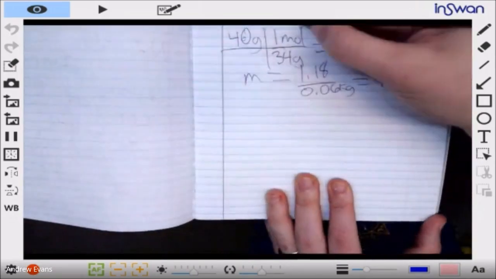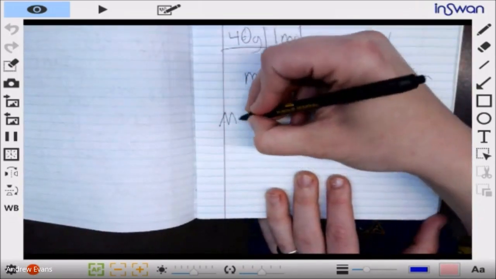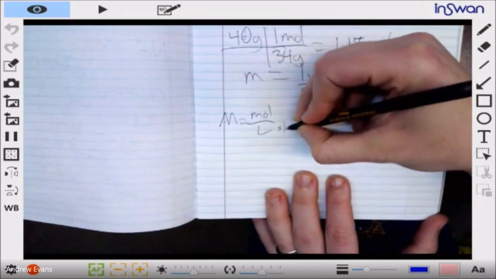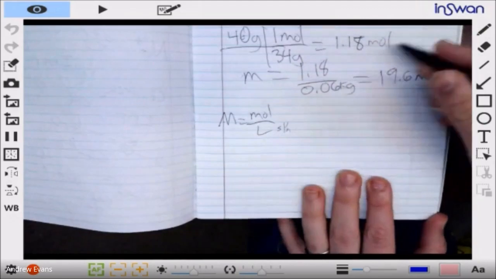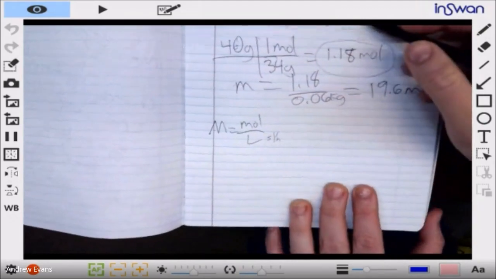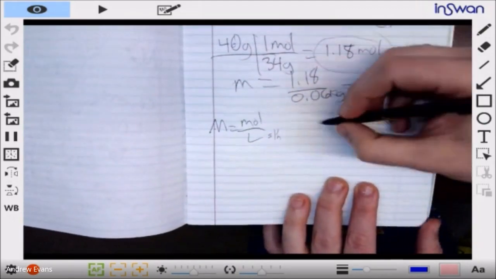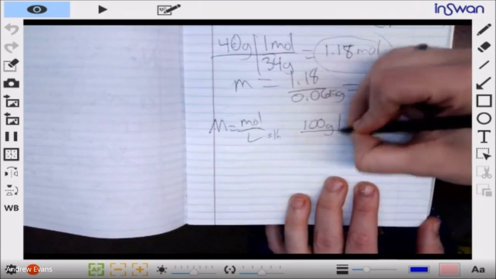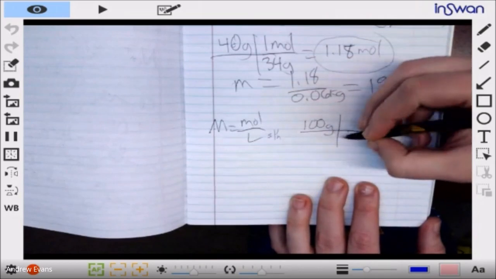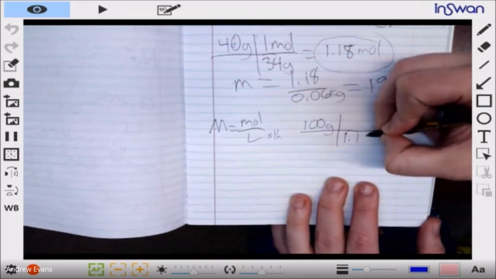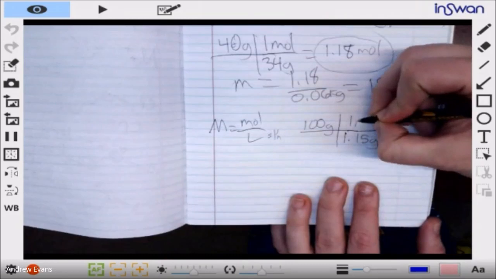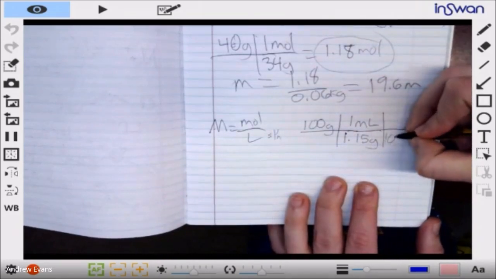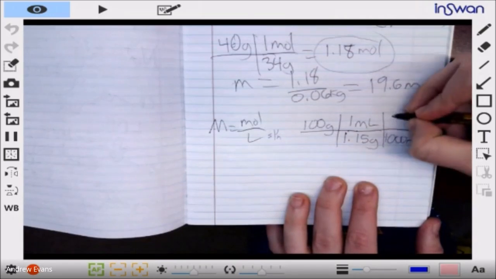The molarity is moles per liter of solution. We already have the moles. Now we have to get the volume. We have 100 grams of solution, and the density of the solution is 1.15 grams per 1 milliliter, with 1,000 milliliters in 1 liter.